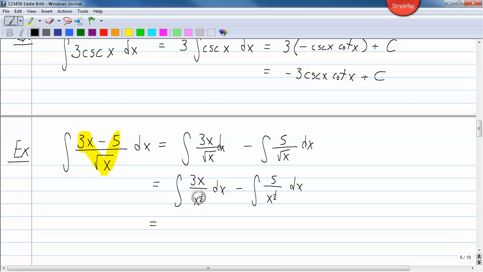So, if it's a positive 1/2 in the bottom, when I move it to the top, it'll be a negative 1/2. So I have 3 times x to the first times x to the negative 1/2. So it's going to be just x to the positive 1/2. Minus the integral of 5x to the negative 1/2.